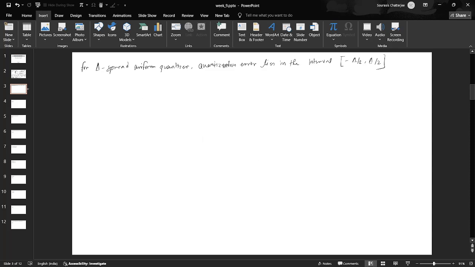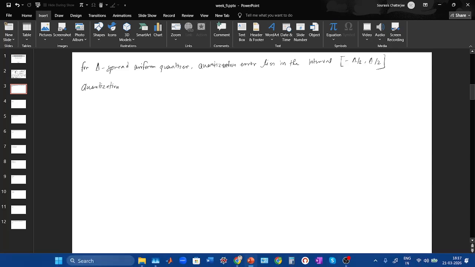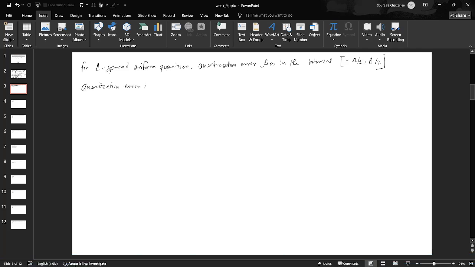So for uniform quantizer, you can see that the quantization error is uniformly distributed.